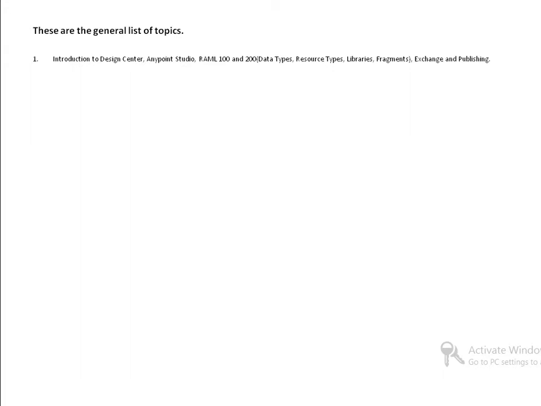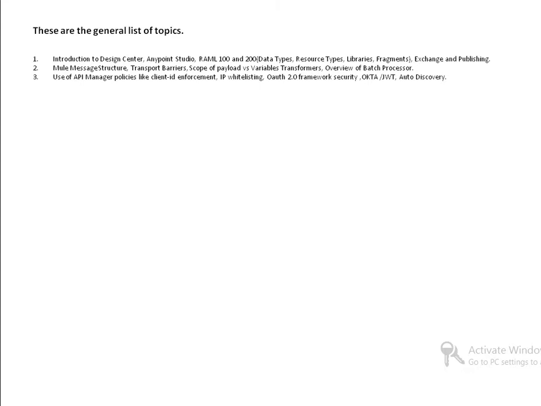Introduction to Design Center, Anypoint Studio, RAML 1.0 and 0.8. Various types of data types, resource types, libraries, fragments, which we have already covered in our previous videos. Exchange and publishing. Next, you need to know about the Mule message structure, transport barriers, scope of variables and payload transformations, and then a complete overview of batch processing.